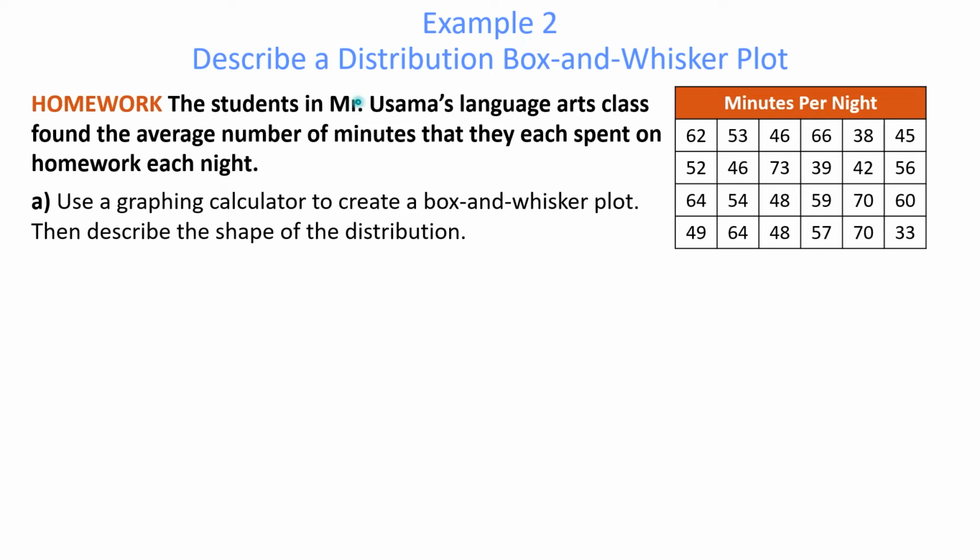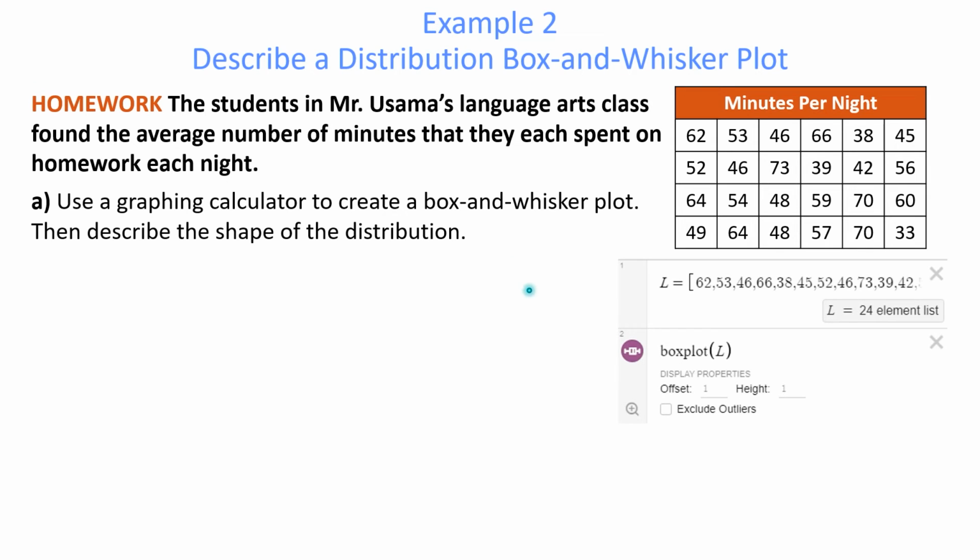Example 2. The students in Mr. Osama's language arts class found the average number of minutes that they each spent on homework each night. This is the data. Part A, use a graphing calculator to create a box and whisker plot, then describe the shape of the distribution.